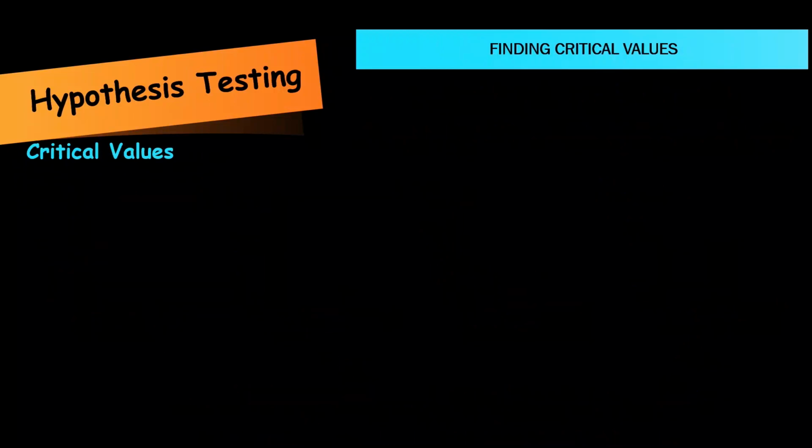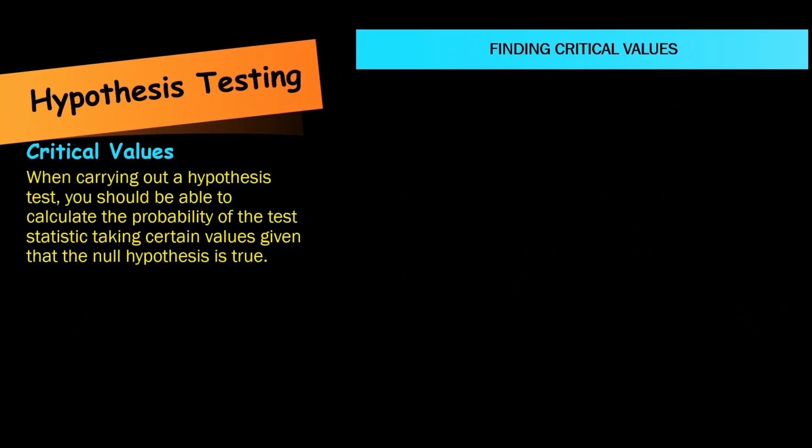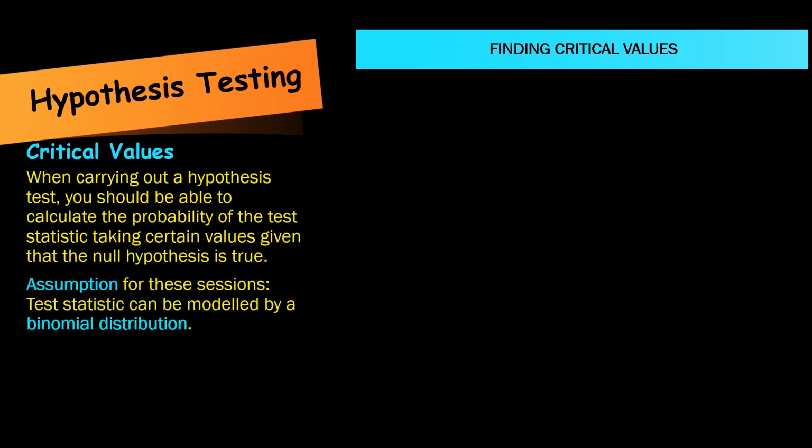When carrying out a hypothesis test, you should be able to calculate the probability of the test statistic taking certain values given that the null hypothesis is true, including very extreme values too. The assumption for these sessions will be that the test statistic can be modeled by a binomial distribution.